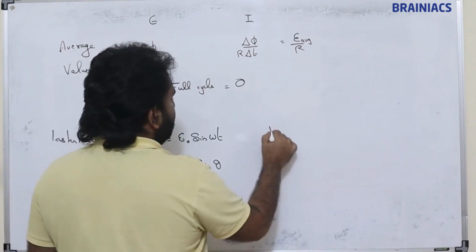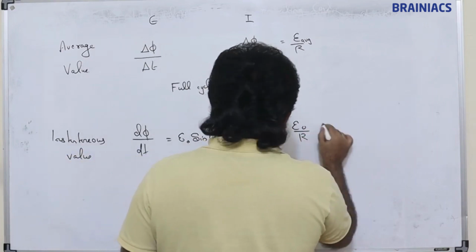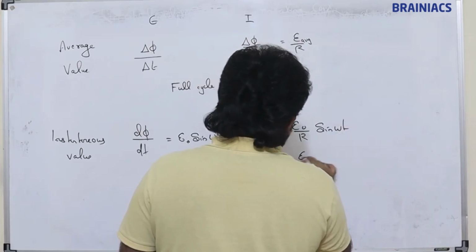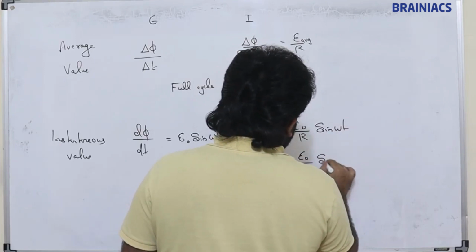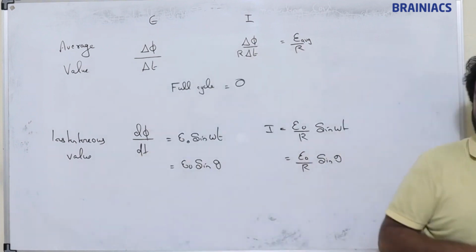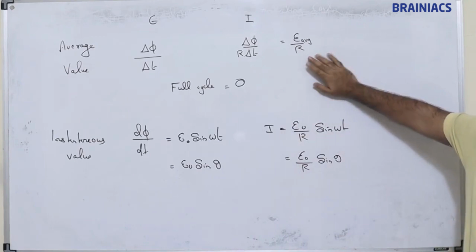What about this current? I is equal to E naught by R sine omega t, or E naught by R sine theta. So this is the instantaneous value and this is the average value. Clear?